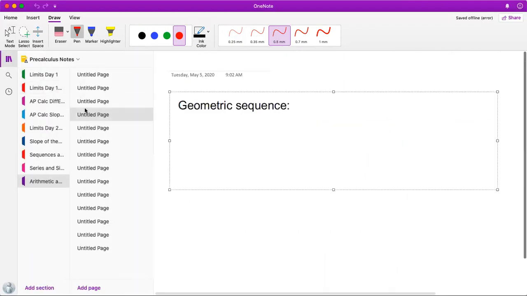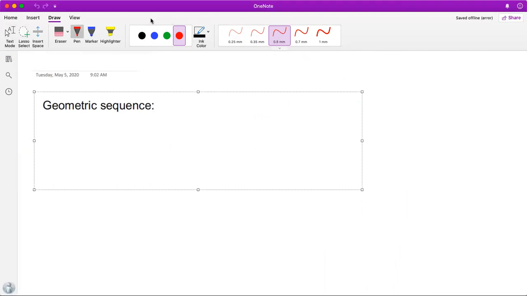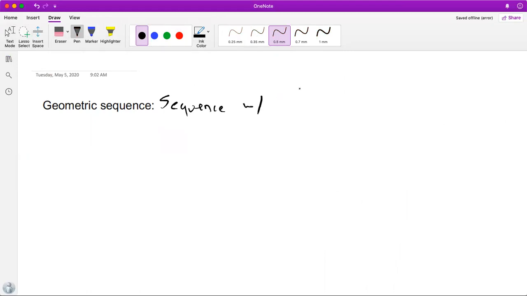Next, we will define what a geometric sequence is. It's similar, except now this is a sequence with what we call a common ratio between terms.